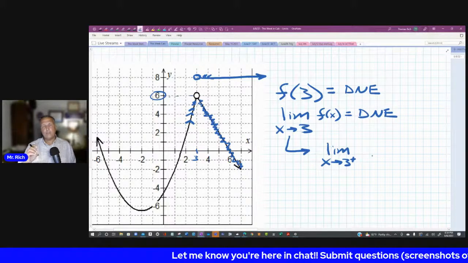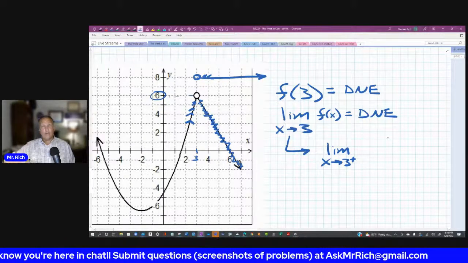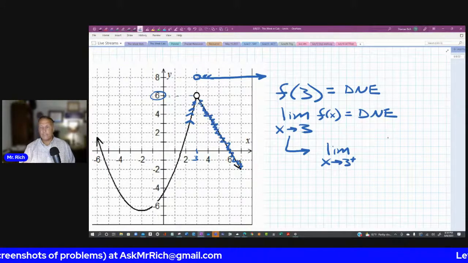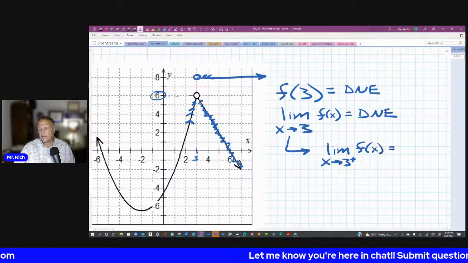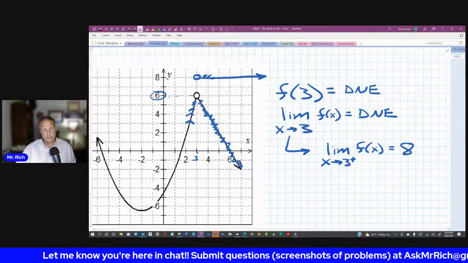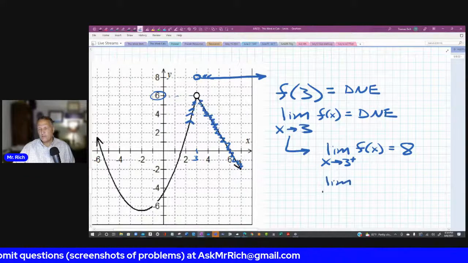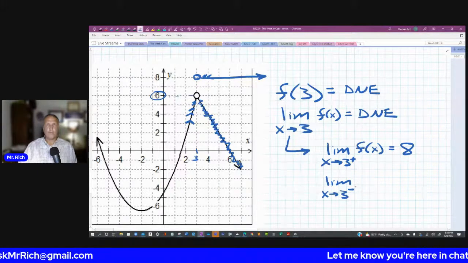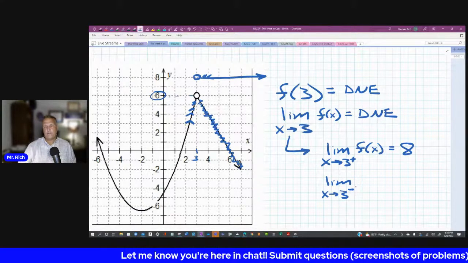So I use a plus sign superscript to mean what we call a one-sided limit, in this case, a right-handed limit, as I'm coming into 3 from the right-hand side of my function f of x. Now I can give this a number, and that is 8, because from the right-hand side, I'm getting closer and closer to a y value of 8. I can also then do a left-handed limit, which means I would put a superscript with a minus sign to communicate that I mean coming in from the left-hand side of 3.